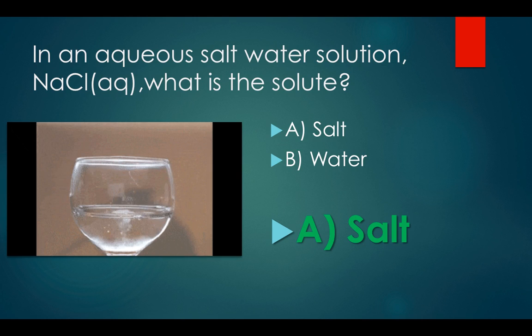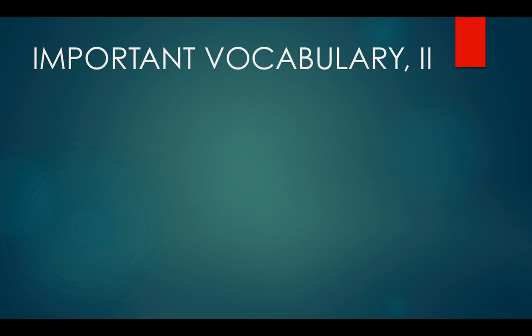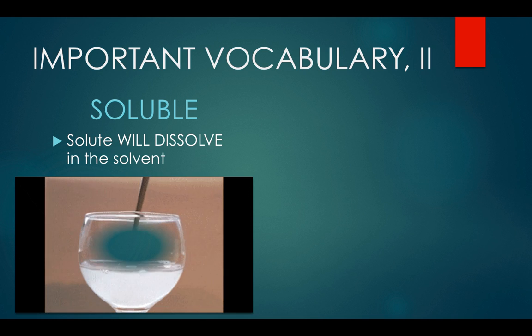Now there are two more terms we're going to have to talk about, and these will be the last two new vocabulary words for this discussion on solutions. And the first one is soluble. Now when the salt went into the water and it dissolved, that salt was soluble because it was able to dissolve in the water.